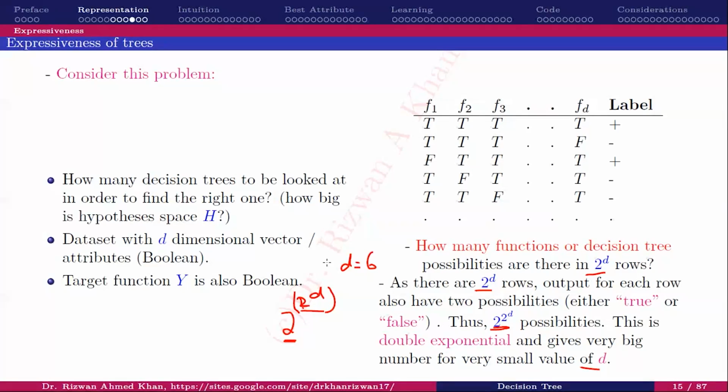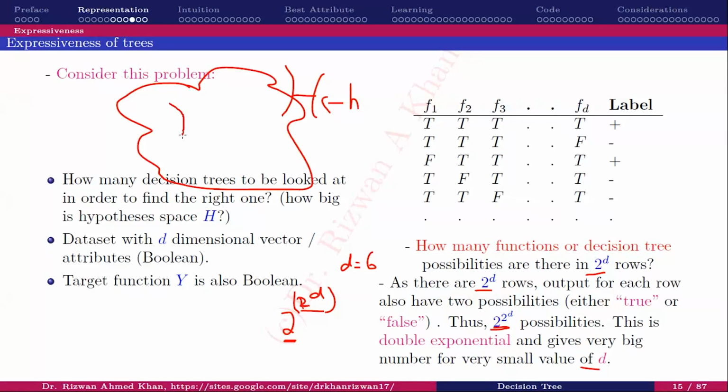Consider the number of trees that are possible in our hypothesis space H, because this is our hypothesis space H, and the decision tree is trying to find h from this hypothesis space. It is a big space of curly H, and we are trying to find one small h that best represents this kind of data set.